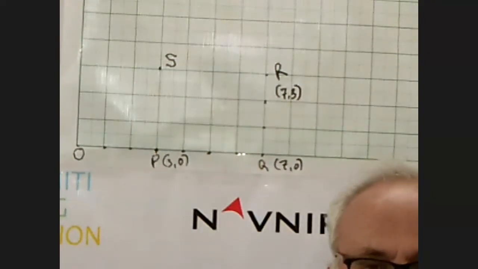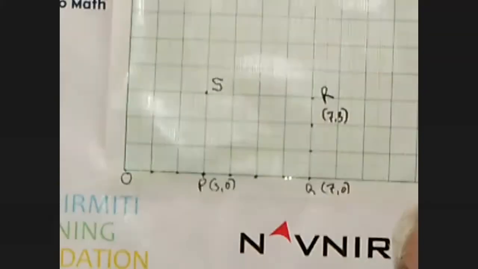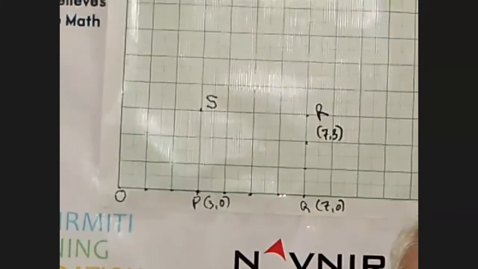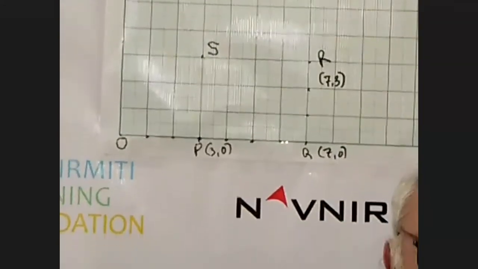Now if you have done that on your graph paper, my next problem is, what is this shape that we have created? A rectangle. Is it a square? It's a rectangle.